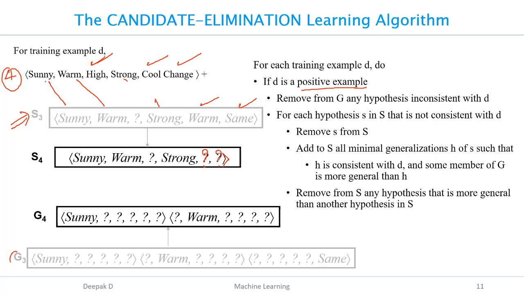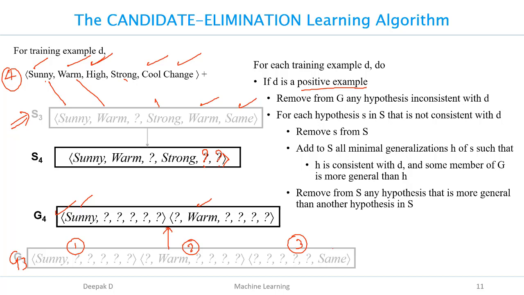So you need to check with the general boundary whether these hypotheses are consistent with my fourth instance and also the previous instances or not. If I go with the third one, sunny is acceptable, any value is acceptable. So this hypothesis holds good with the fourth instance and also the previous instances. Here warm is acceptable, here also warm is there, so this hypothesis is consistent with all other instances.